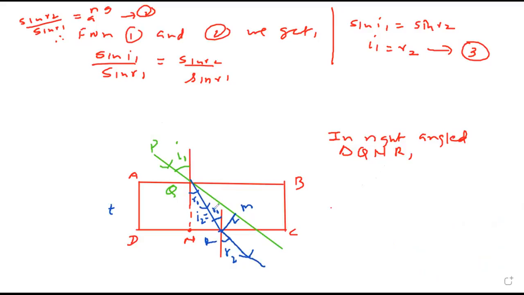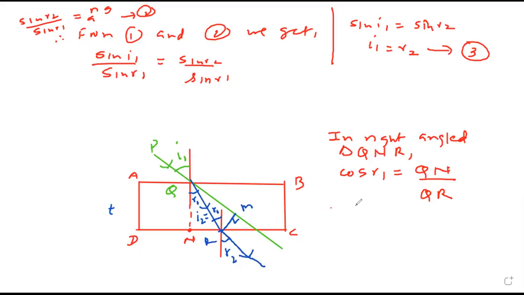QR is the hypotenuse, correct. We are interested in R1, and QN is kept common. So the adjacent side: cos of R1 is the adjacent side QN upon hypotenuse QR, correct?